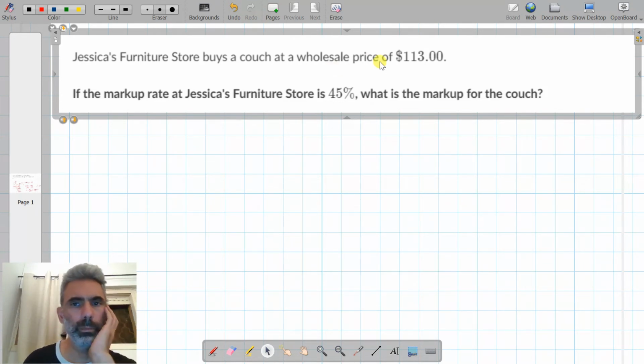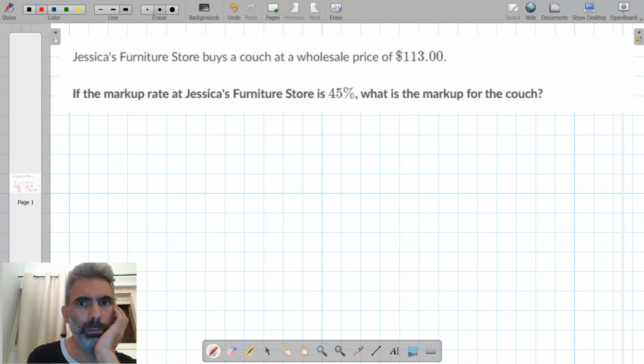My mistake was that I thought that this was the price that they sold the couch to the customer, and we wanted to figure out what was the original price that they paid for the couch, and based on that find out what is the 45% markup.